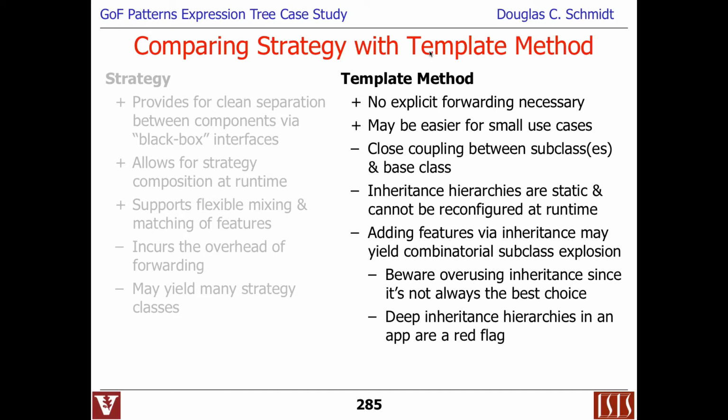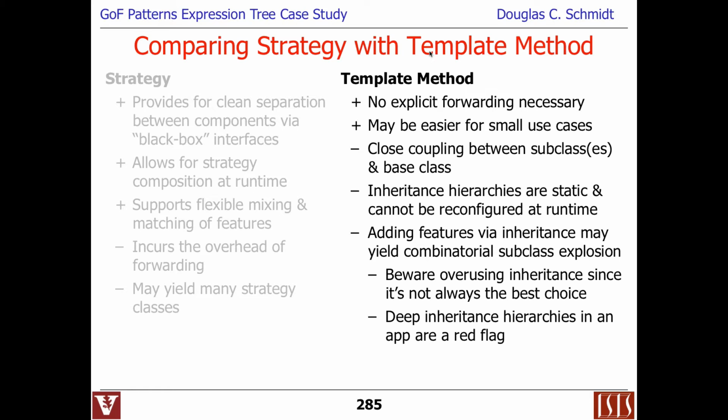You end up with coupling between subclasses and base classes, which is just always an issue with inheritance. Modern thinking about software design doesn't encourage deep inheritance hierarchies. Those are sometimes called fat interfaces, and you want to keep them pretty clean, pretty shallow, as opposed to deep. The inheritance hierarchies are static and can't be reconfigured at runtime, so you have to decide all these different combinations at design time when you write your program.